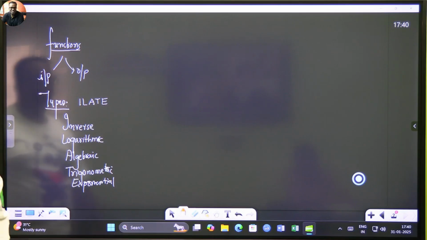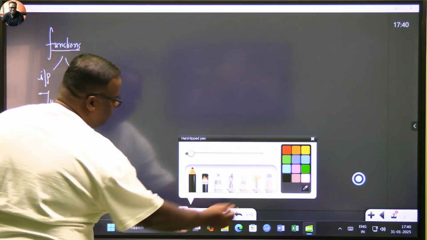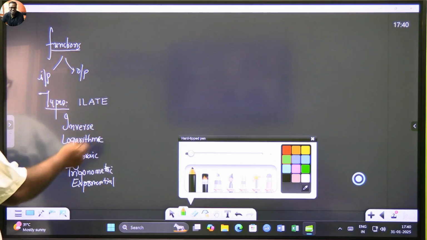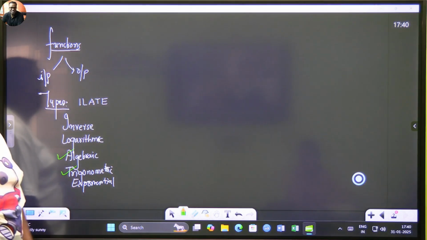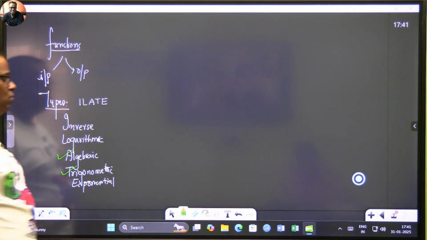Based on what you have studied so far, we are going to explain functions only on the basis of algebraic and trigonometric. The rest you don't know right now. So what's an algebraic function?